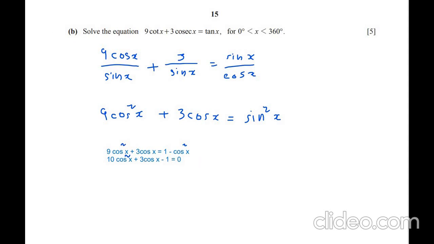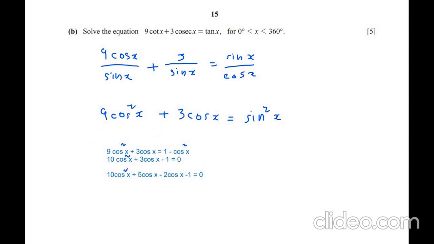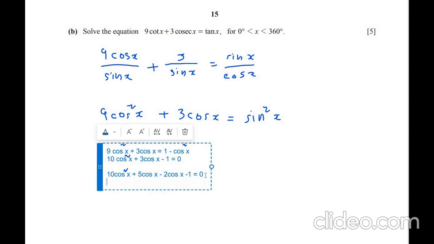Now this is a quadratic equation and it can be factorized. So we could say 10 cos square x plus 5 cos x minus 2 cos x minus 1 equal to 0. And then take the common factors out.